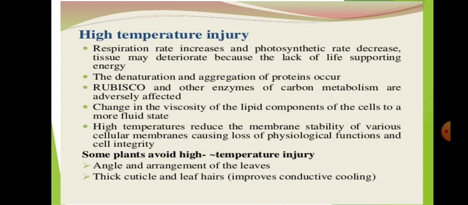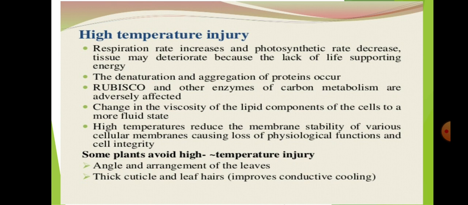Some plants have adaptations to such temperatures, with special mechanisms that avoid high temperature injury. They arrange their leaves at a specific angle so that the light cannot directly strike the leaves at high intensity.